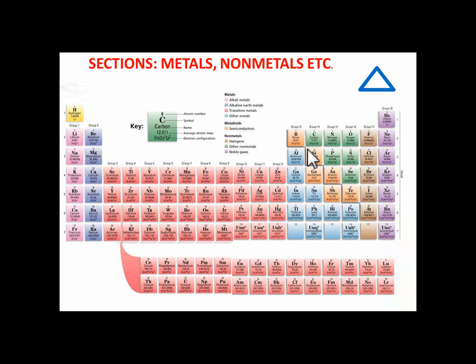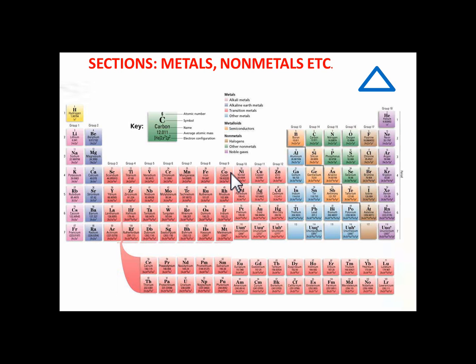Then these orange elements here are the metalloids, or semiconductors. They behave like metals sometimes and sometimes like non-metals depending on the conditions. Then these green elements here are the other nonmetals. This brown column here is the halogens, a very important family in the periodic table. And the last column is the noble gases.